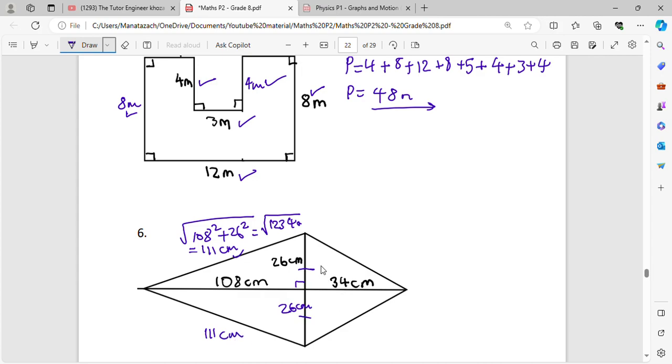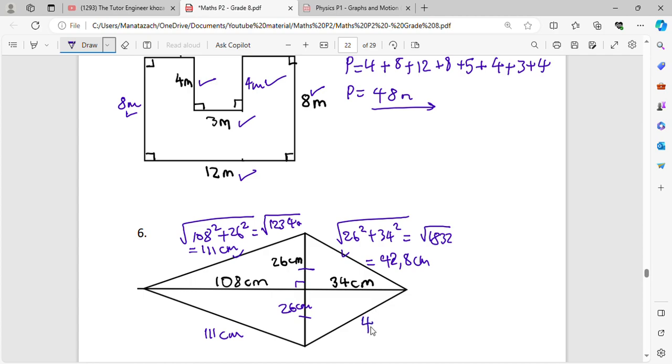And then we'll do likewise to calculate the other side through the theorem of Pythagoras. It is 42.8 centimeters.